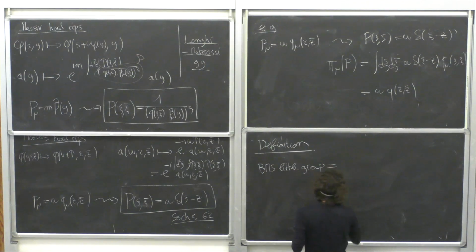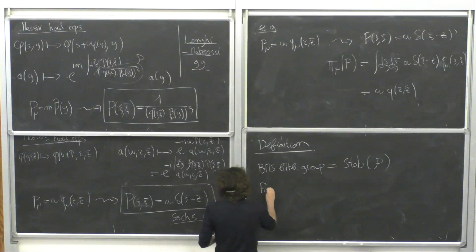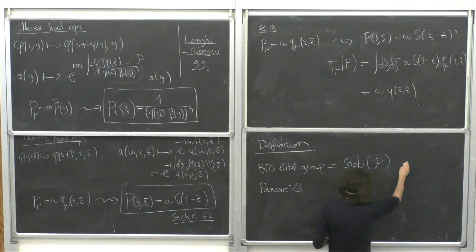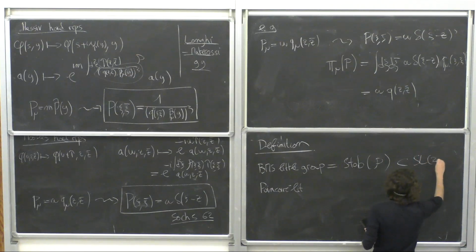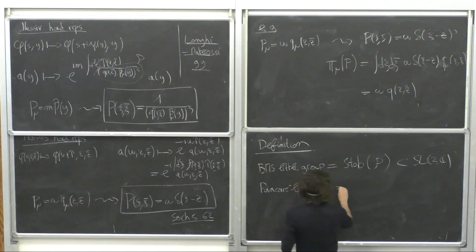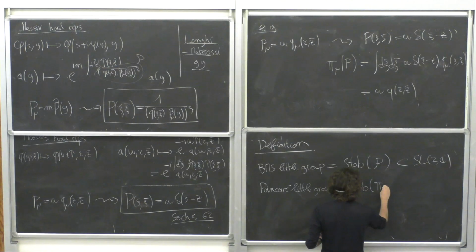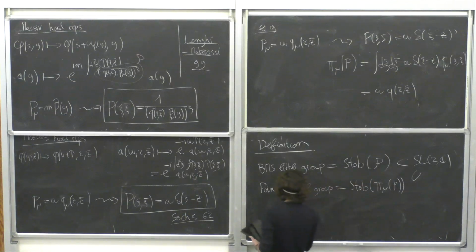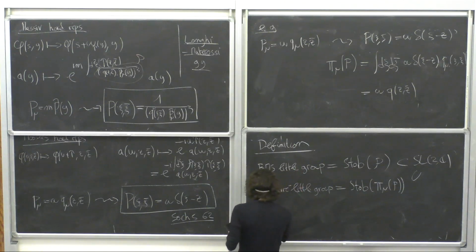It's the stabilizer of the momentum. So it's the stabilizer of curly P. And the Poincaré little group, so this is a subgroup of SL2C, a subgroup of the Lorentz group, is the stabilizer of the projection of the momenta associated. So it's the stabilizer of P^μ of curly P. Again, a subgroup of SL2C.